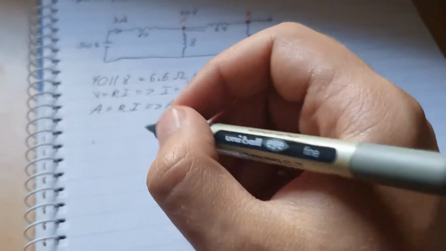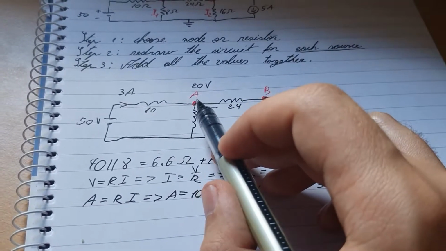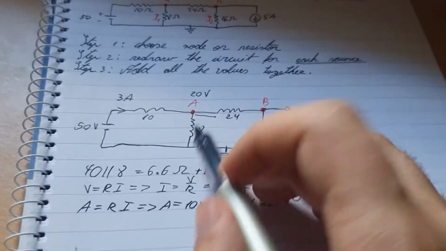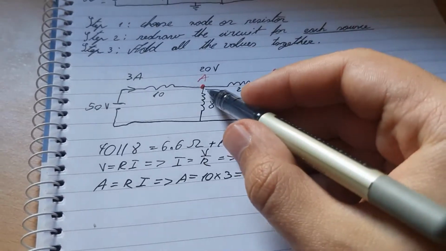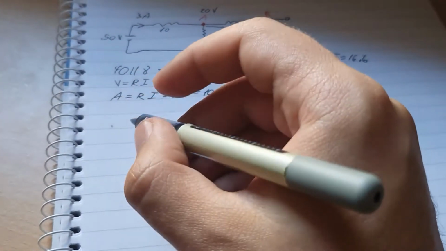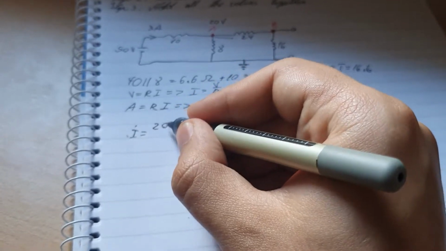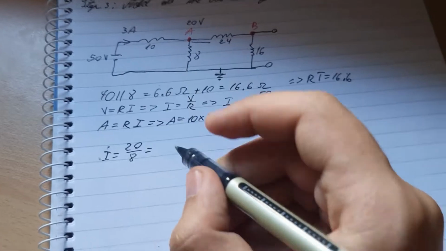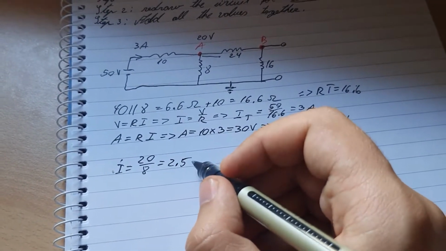Okay, now let's see the current through this point here towards this direction and this direction. The first current will be 20 divided by 8, and that one will be equal to 2.5.